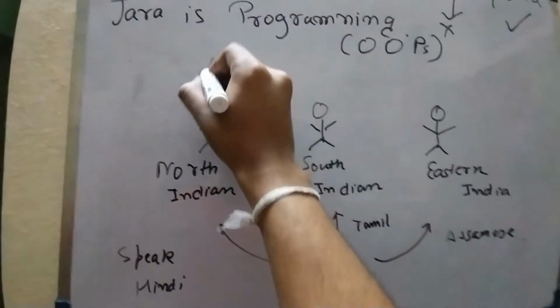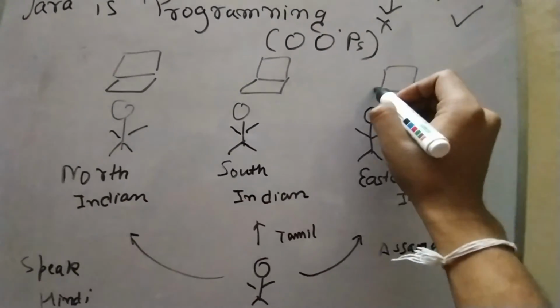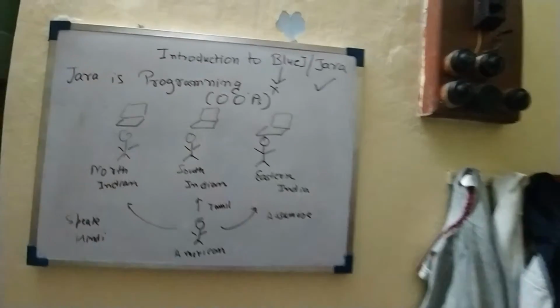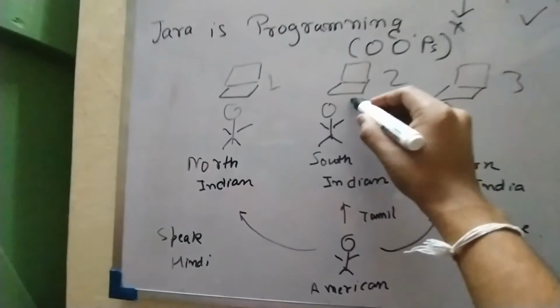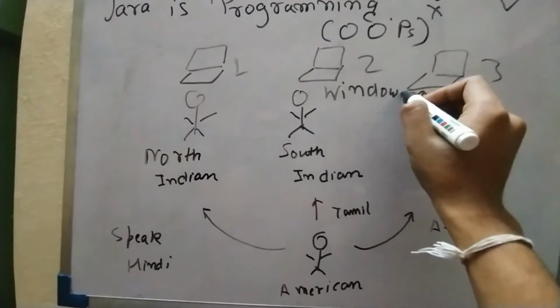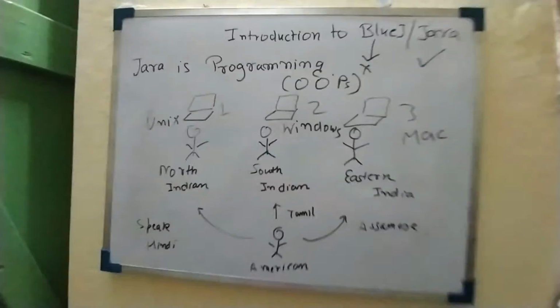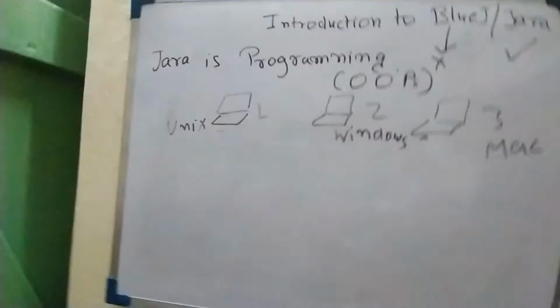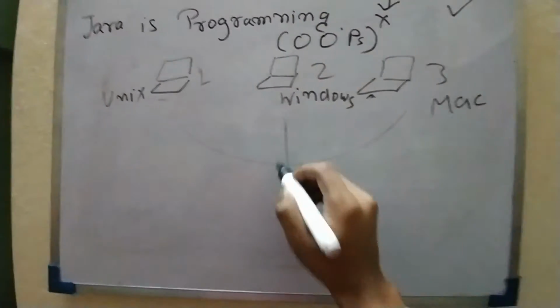Similarly, suppose these are computers, computer 1, computer 2 and computer 3. This is a Windows computer, this is Unix, and this is Mac. Suppose you wish to create a code for each of these three platforms.